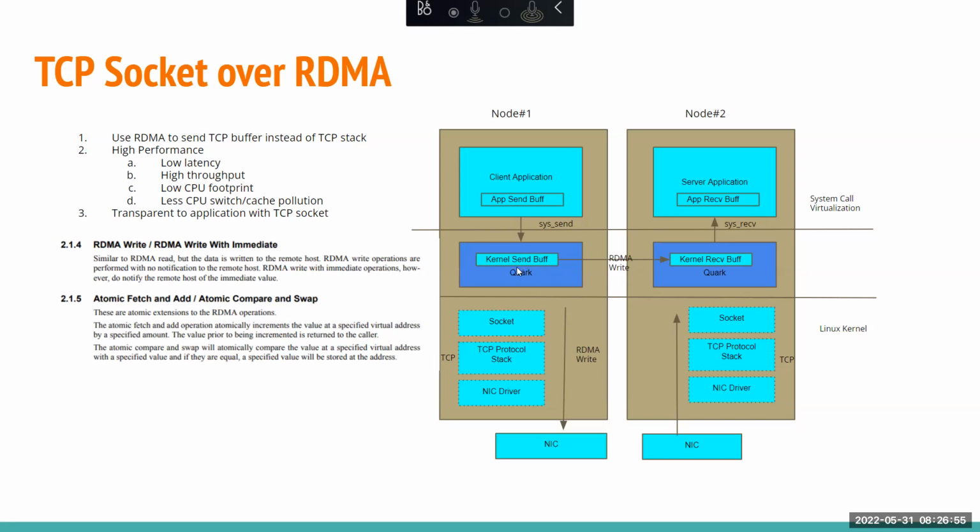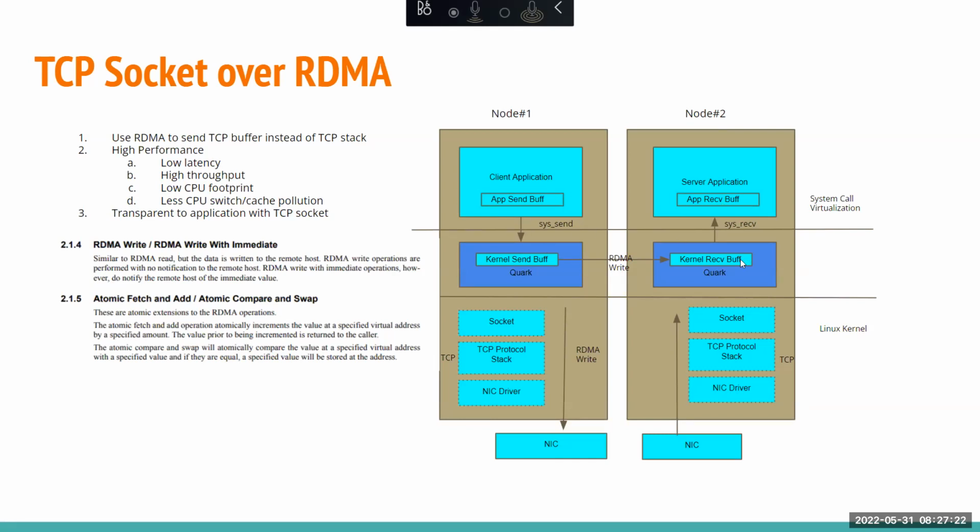Normally, Quark can use the host kernel's TCP stack to send to the remote. But in the RDMA context, Quark can use RDMA write to write to the remote Quark's kernel receive buffer, and then copy it to the application receive buffer.